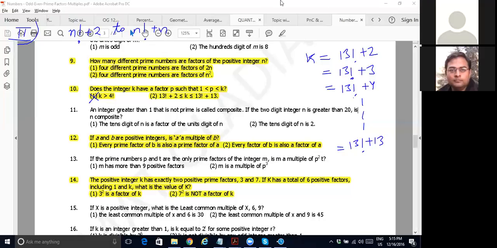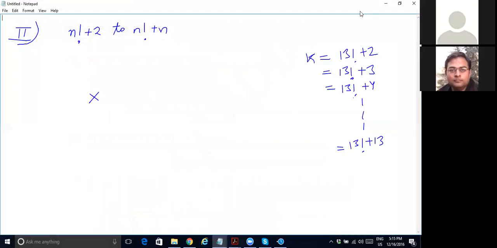So okay, let's discuss this question. Now, what is 13 factorial? 1 into 2 into 3 up to 13. Correct.